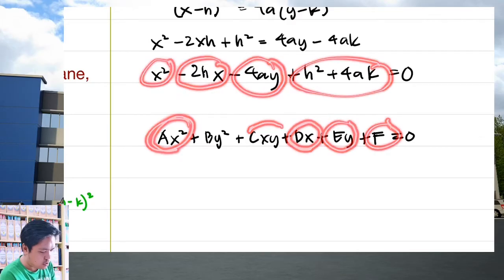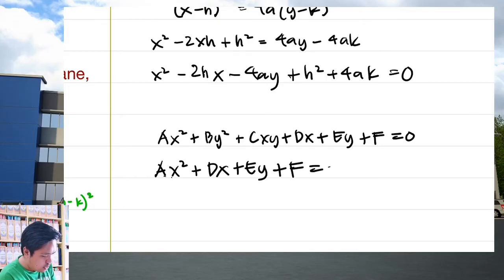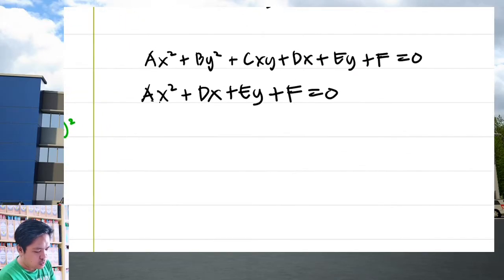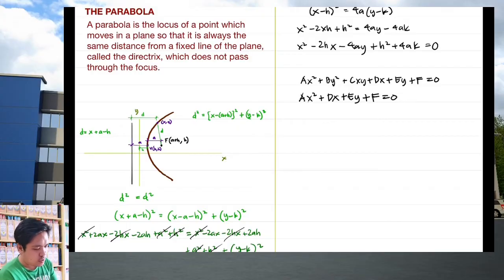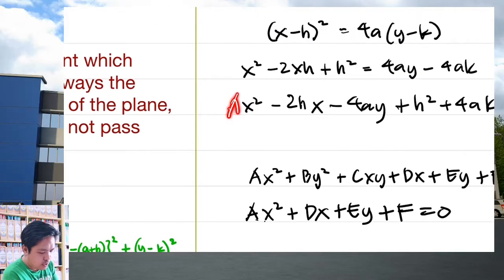So we start with ax squared plus dx plus ey plus f equals 0. So we can put an a here, or we can just let a equal to 1. Okay, because if you take a look at that, the coefficient here is 1.